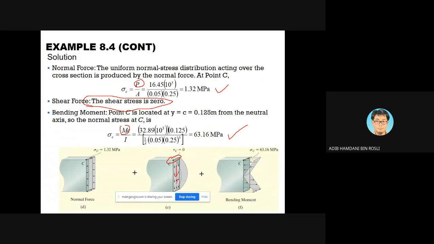You see this shear stress distribution, because the equation for the shear stress is tau equals VQ over It. In chapter 7, the maximum value of tau will be at the neutral axis, and the zero value will be at this distance, which is this and this. So that's why it is zero. But don't take for granted that there is a shear stress. It's just the location of C.